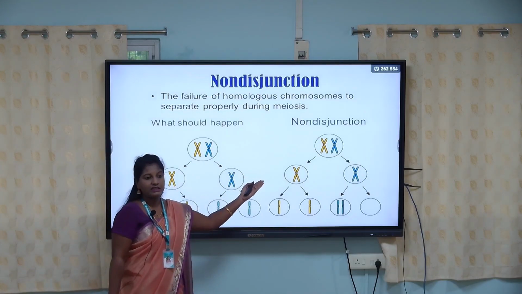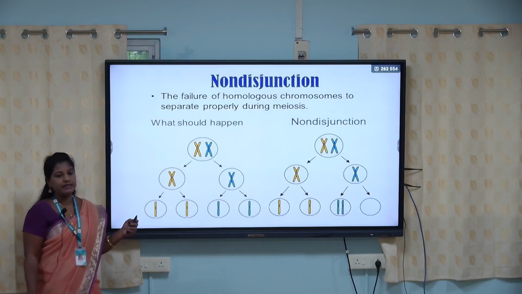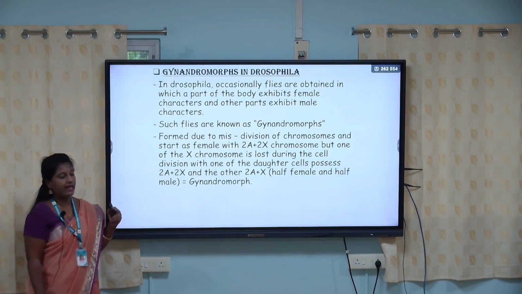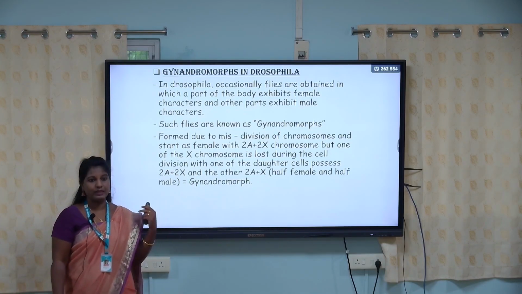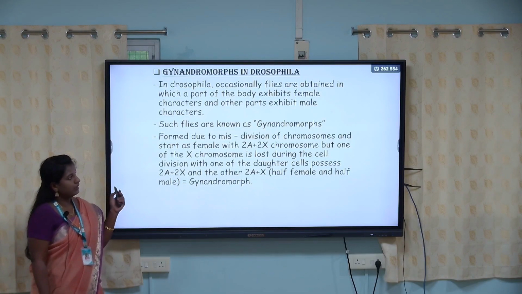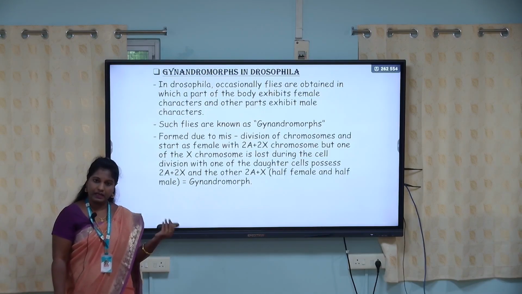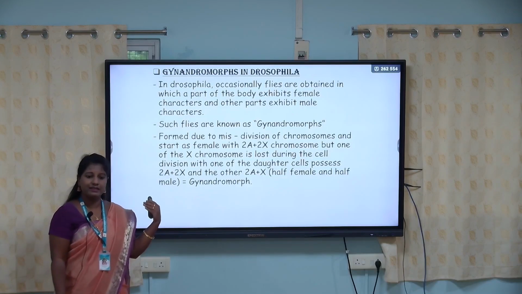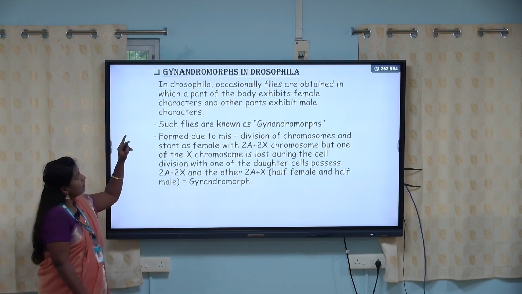But in non-disjunction, the split during cell division does not occur properly, hence it affects the sex of the individual. This causes gynandromorphs in Drosophila. As we all know, gynandromorphs contain both sexual characters. Occasionally, not commonly, due to this particular non-disjunction, there is an aberration in sex which leads to gynandromorph production in Drosophila.